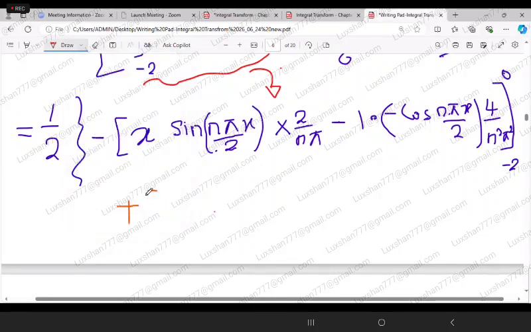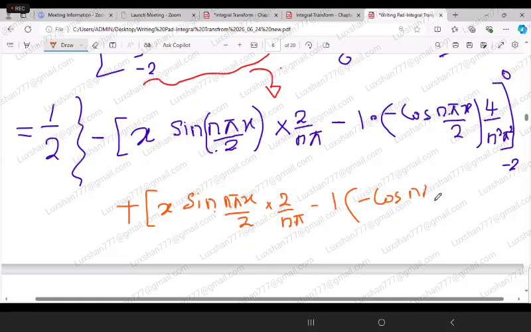Plus the same integration, that is x into sine n pi x by 2 into 2 over n pi, minus 1 into minus cos n pi x by 2, into integration of that one is again 4 over n squared pi squared. Here again we have to put 0 to 2.